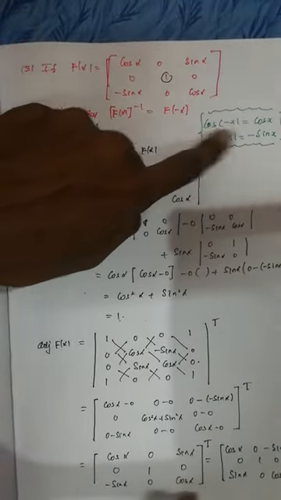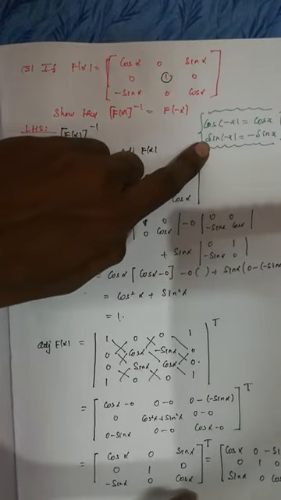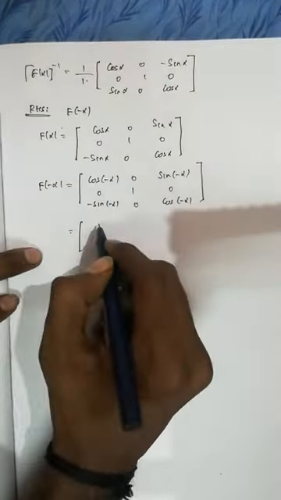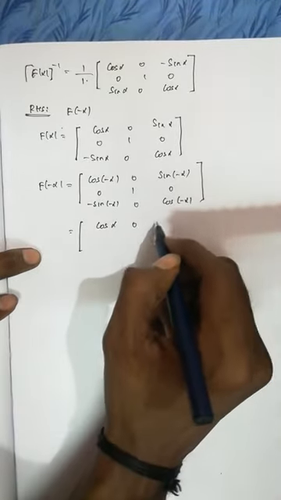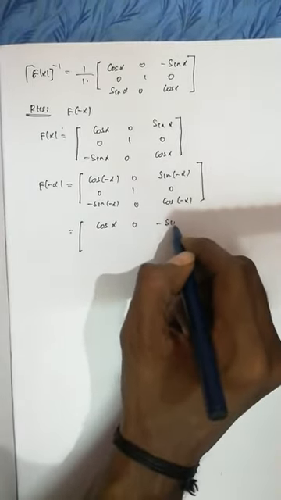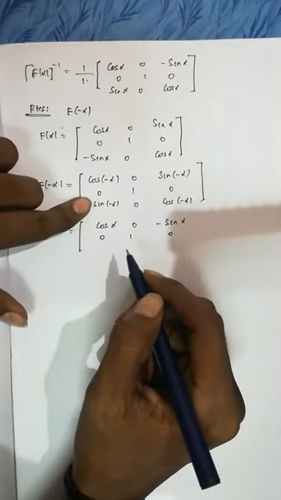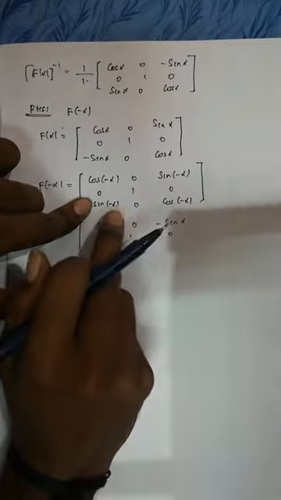And again I am using this basic result: cos of minus x is plus cos x, sin of minus x is minus sin x. So I have cos of minus alpha is cos alpha 0, sin of minus alpha is minus sin alpha 0 1 0. Here I have minus sin of minus alpha is minus sin alpha.